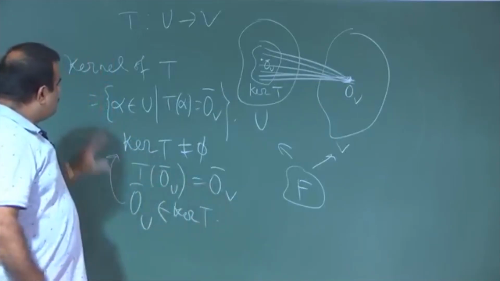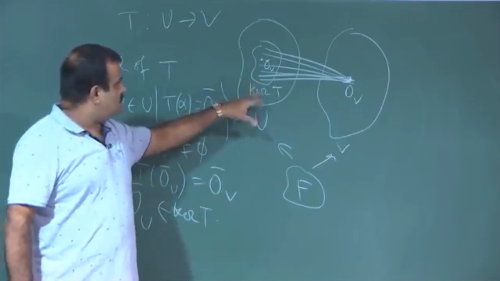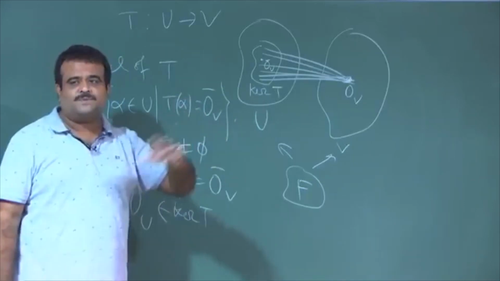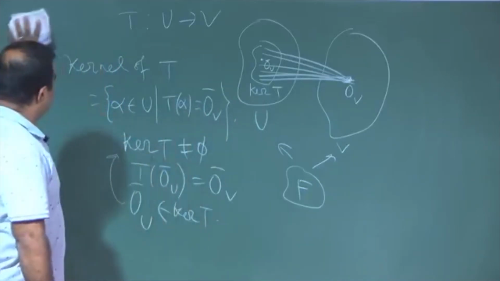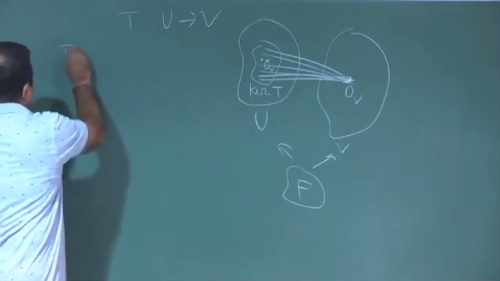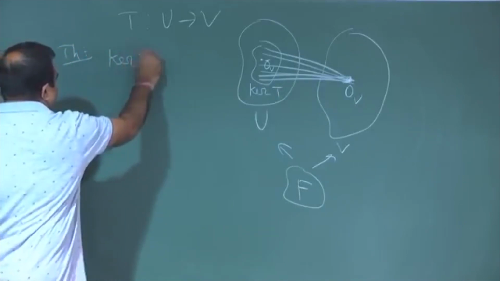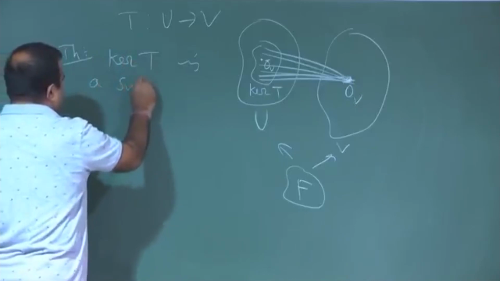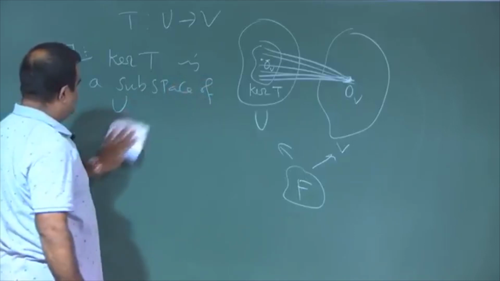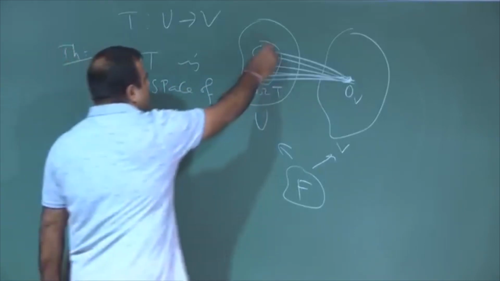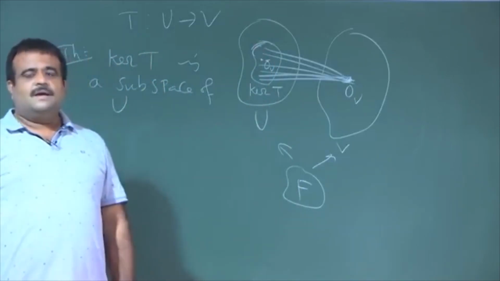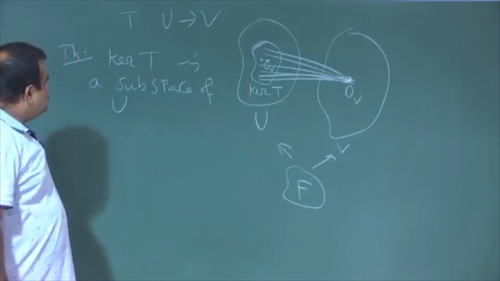Now, we will see some properties of this kernel. First of all, the kernel is a subset of U. Now, we will see this kernel is a subspace of this vector space. So, how to prove that? This is again a theorem we will prove: kernel of T is a subspace of U. Okay. So, this subset is from a vector space over the same field. How to prove it is a subspace?